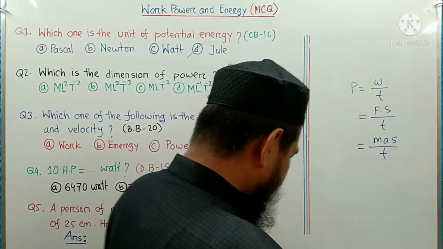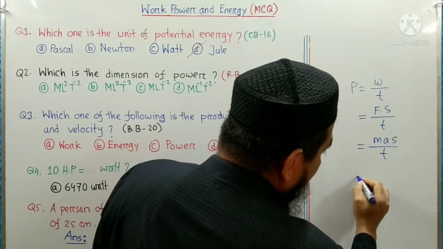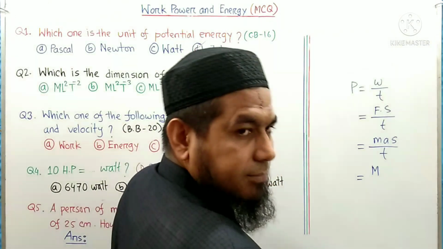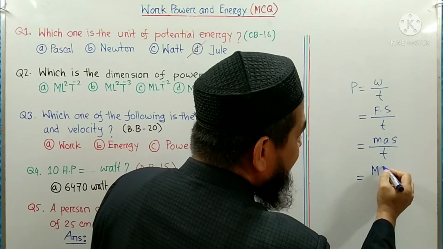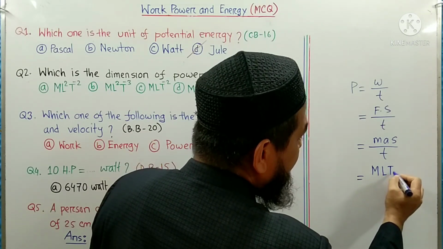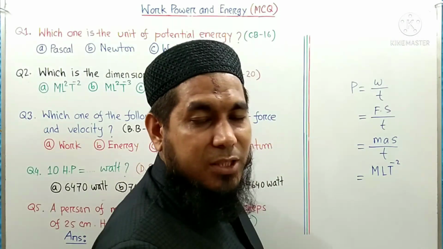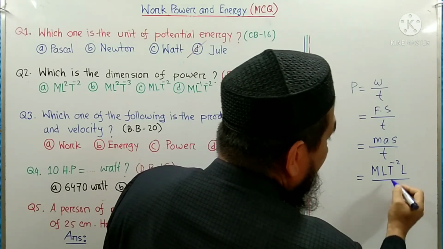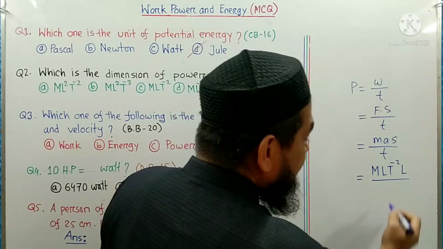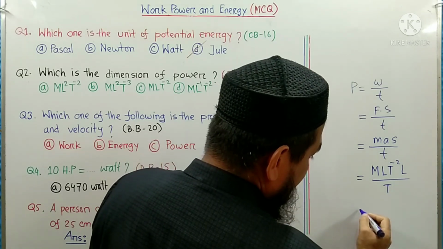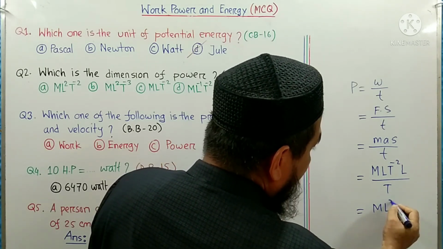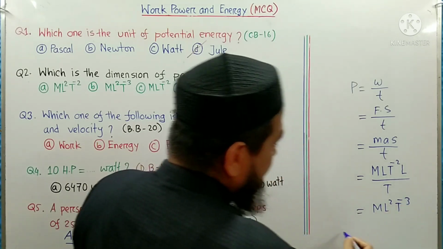So we can write the dimension of mass is equal to capital M, the dimension of acceleration is L T inverse 2, and the dimension of displacement is L. Also the dimension of time is capital T. So we can write M L square T inverse 3.